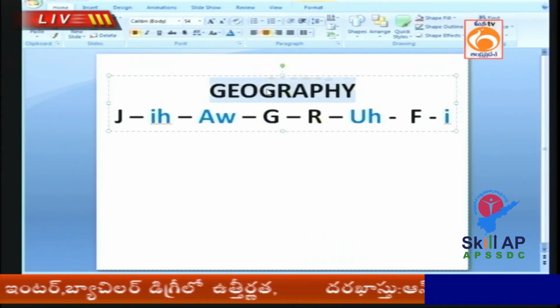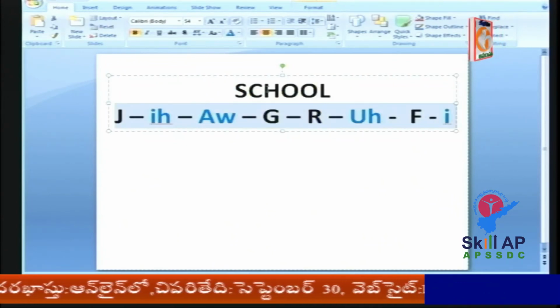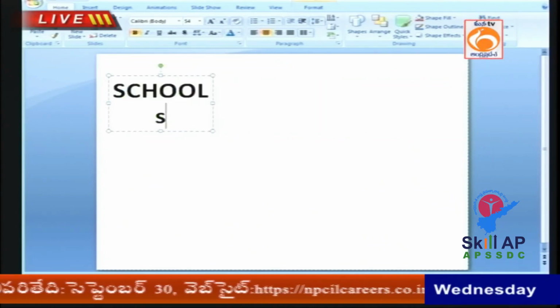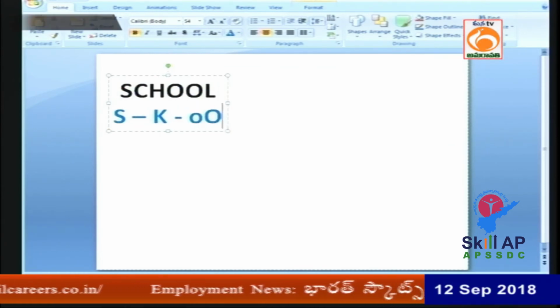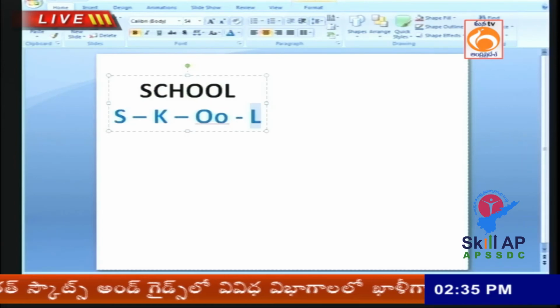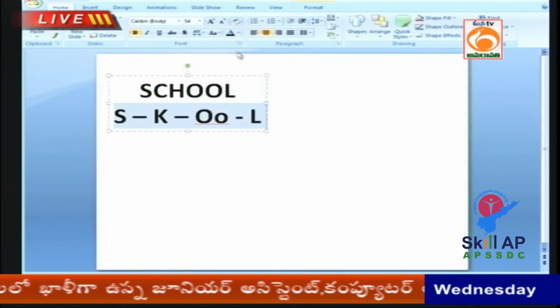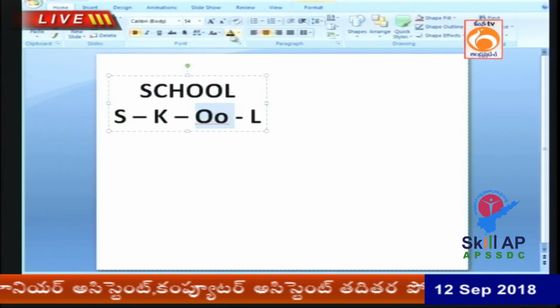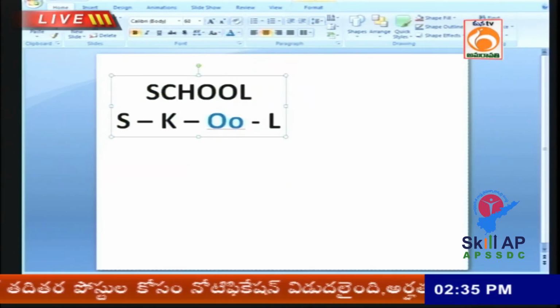For example, if I have this word, school, how many vowel sounds do I have? It starts with s, k, u, l. Let me change the color so that we can identify the vowel sound here. So we have school, correct?